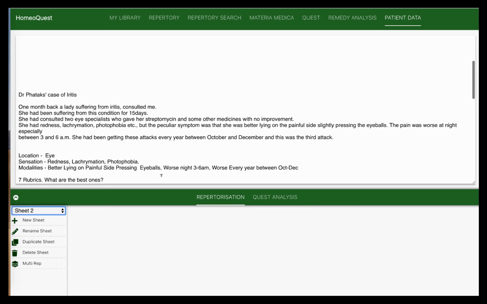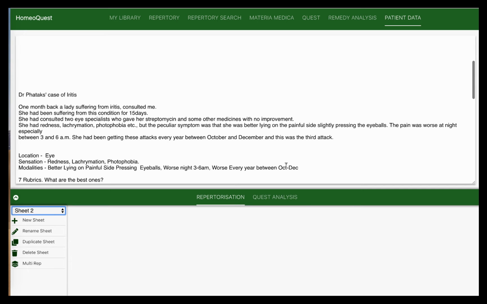So you are going to take in these 3 modalities because they set this iritis apart, and individualize the iritis for us. Because if you check the other symptoms, the redness, the lacrimation, the photophobia, and yes, the eye is an important location, but again, these are all common symptoms, right? So the location is important in a way, but the three modalities are the best rubrics of this case.